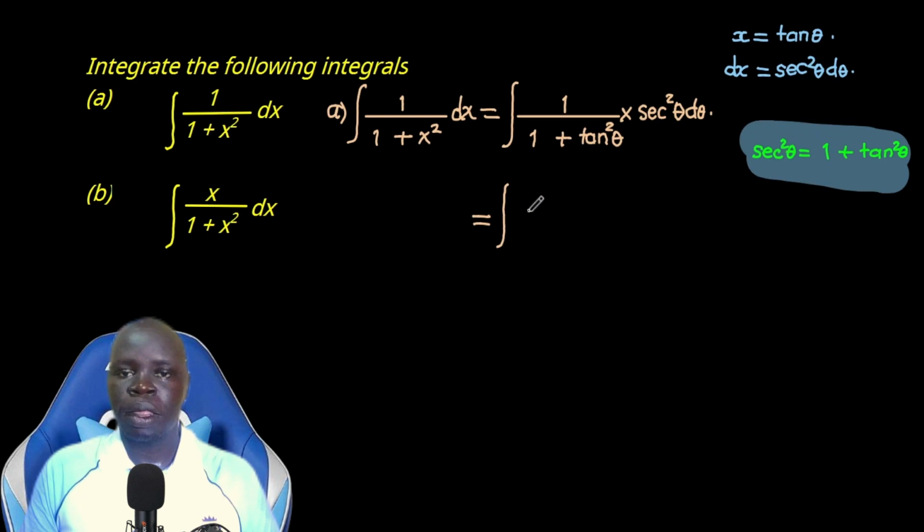secant squared theta. So simply we have here 1 over secant squared theta times our next secant squared theta, which came from the derivative of the tangent here, and this one quickly makes us cross this secant out, and we are only left with the integral of 1 with respect to theta.